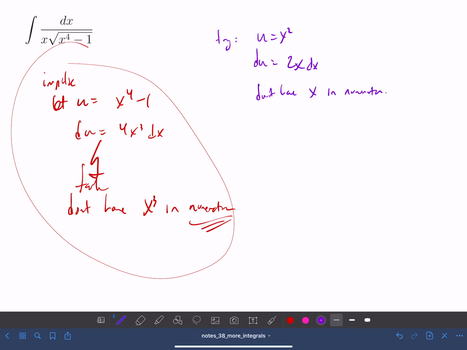Let's see, I'm cruising in this table here because I'm stubborn, and I think you should be stubborn too. So this feels like I've got a u minus a kind of action, like square root of u squared minus a squared kind of action.